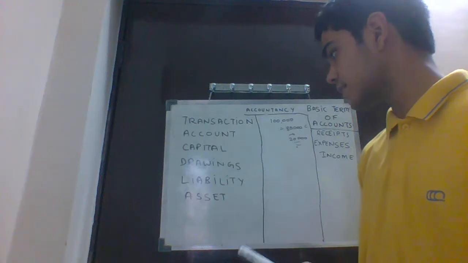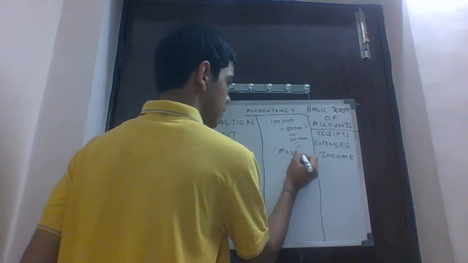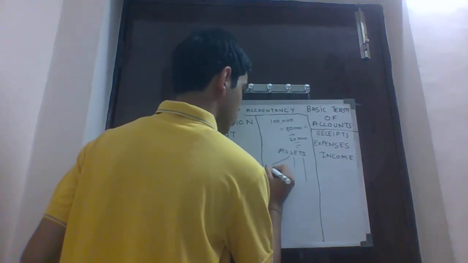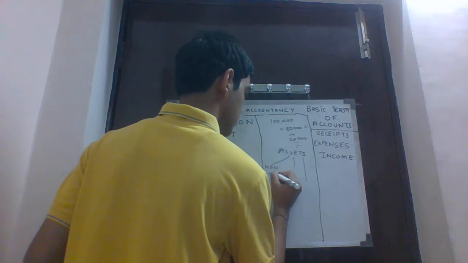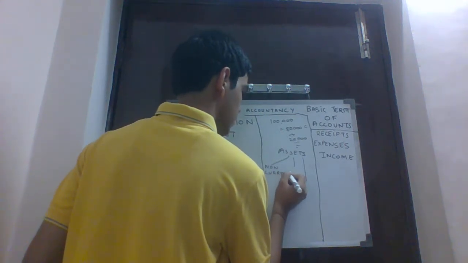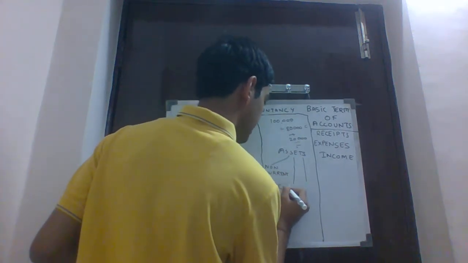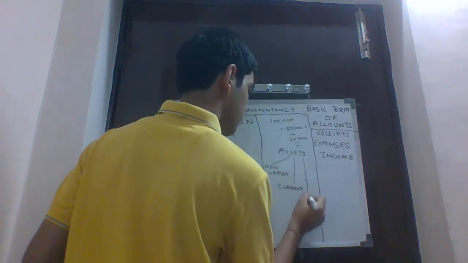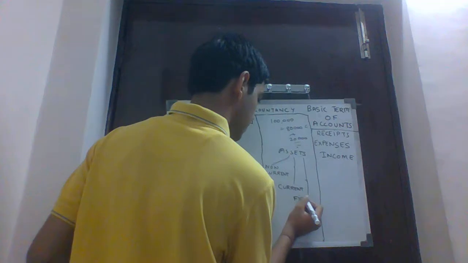But first of all, assets are of 3 types: non-current assets, current assets, fictitious assets.